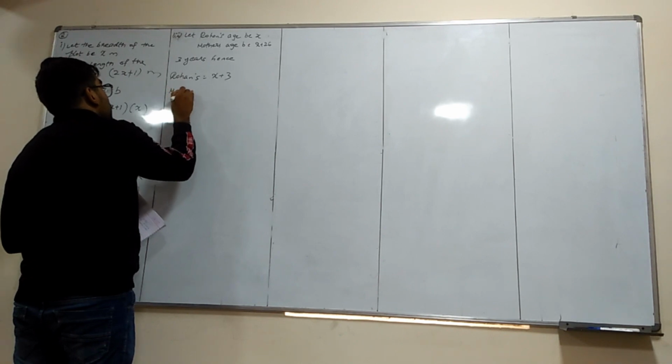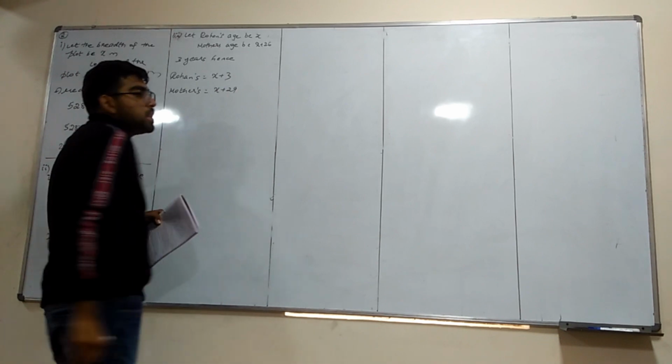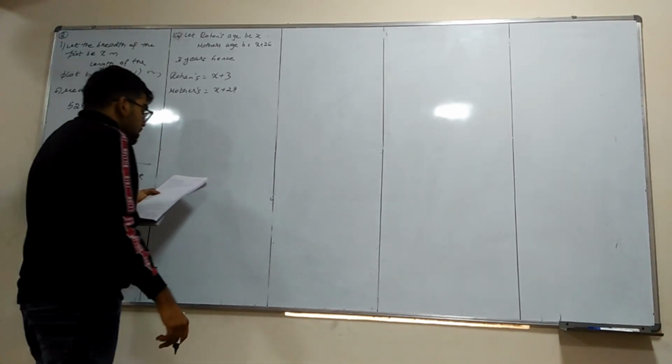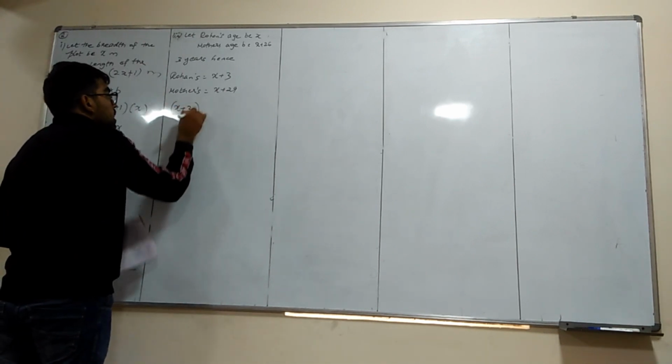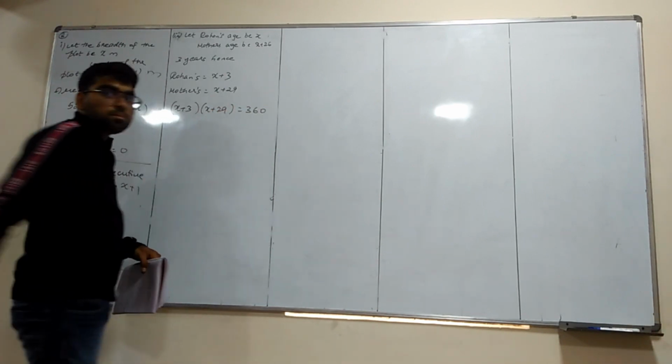Mother's age will be x plus 29, that is 26 plus 3, 29. So it's given that the product is 360. That is (x plus 3) into (x plus 29) is equal to 360.